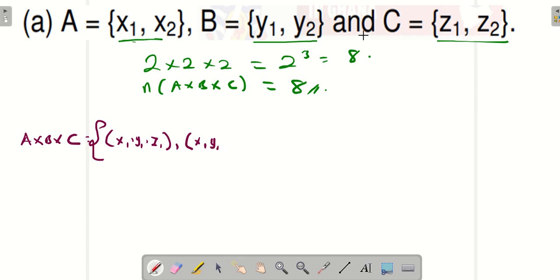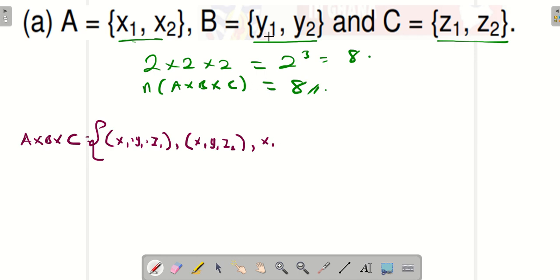Then this time it will not be Z1, it will be Z2. I'm supposed to separate them with commas, but I'm just ignoring it. I don't want it to be stuck. Then the next one is going to be X1 again.